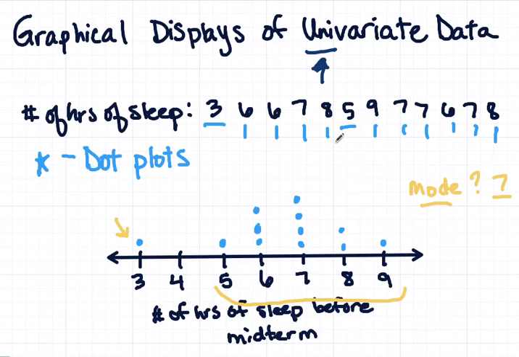And we didn't have to go through and count the 7s up here. We just quickly see that it's got the tallest column of dots. We can also, on top of that, start to make some conclusions about the mean and median as well. We'll talk about that in a few minutes.